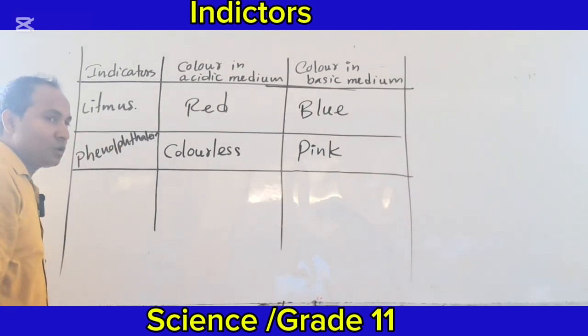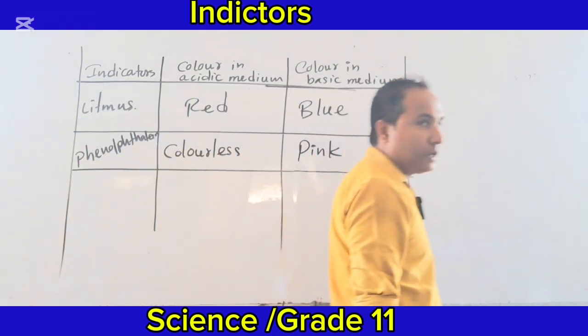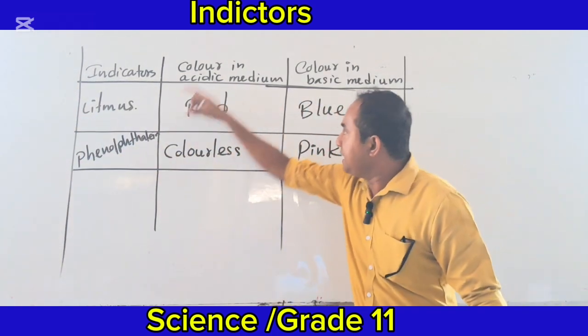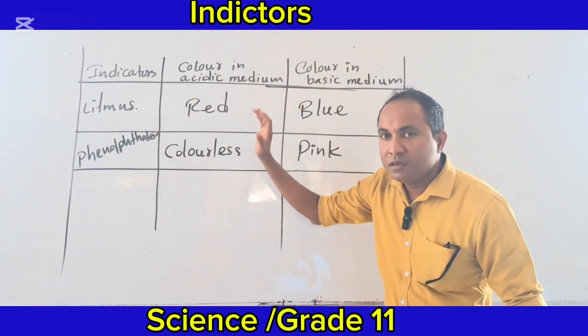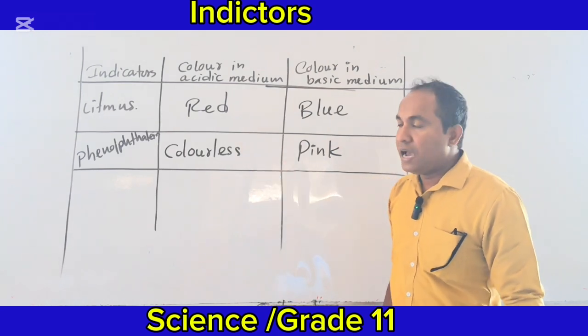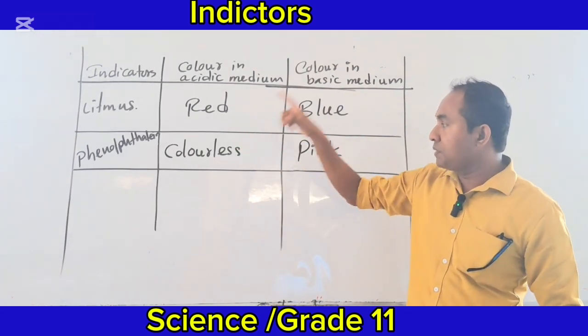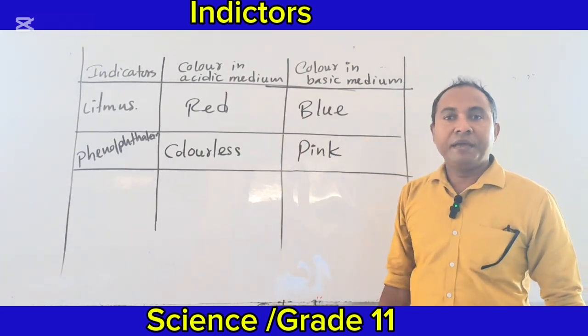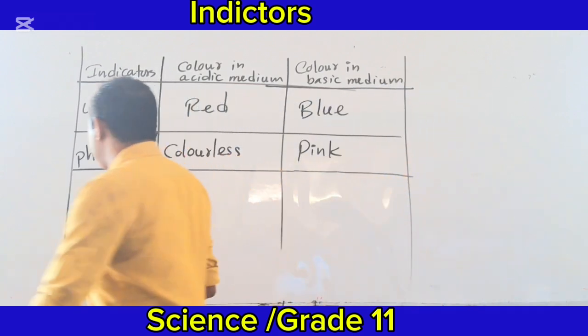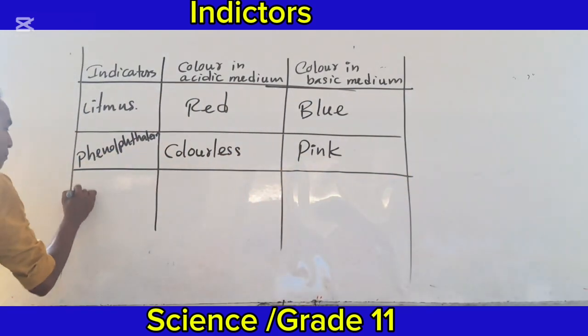The phenolphthalein solution is colorless, and when added into the acidic medium it is also colorless. In the basic medium, phenolphthalein gives pink color. Then we will go to another indicator called methyl orange.